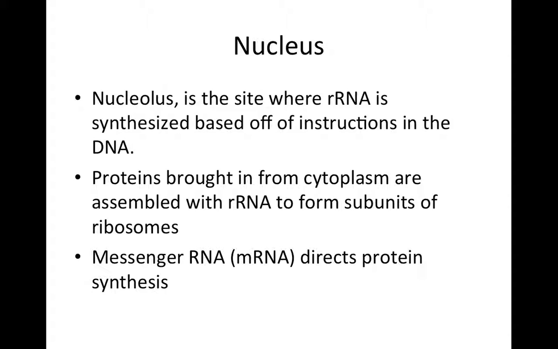So again, the nucleolus is the site where ribosomal RNA is synthesized based off of instructions in DNA. Then you have proteins out in the cytoplasm, so outside of the nucleus, that are assembled and come in and will hook up with the ribosomal RNA. So proteins already made plus the combination of ribosomal RNA is what makes a ribosome.